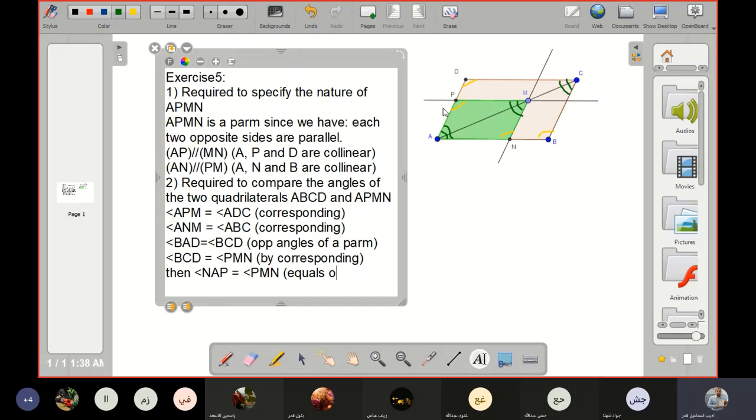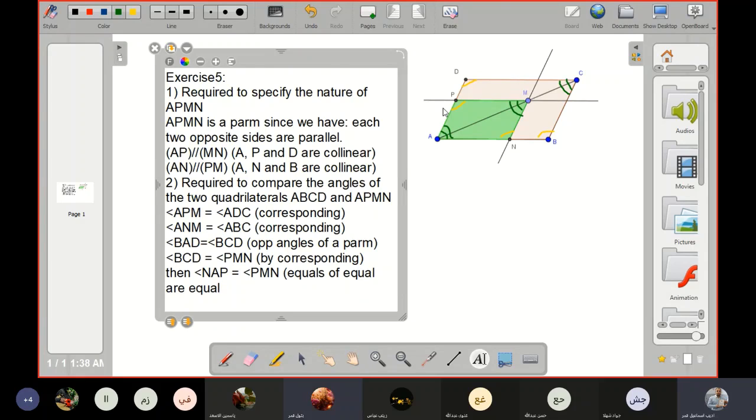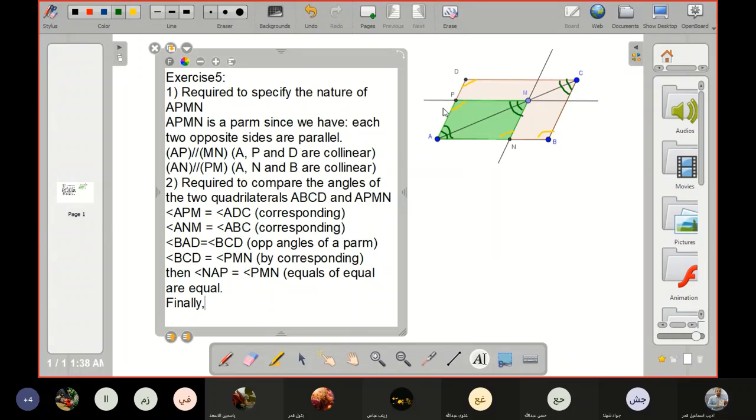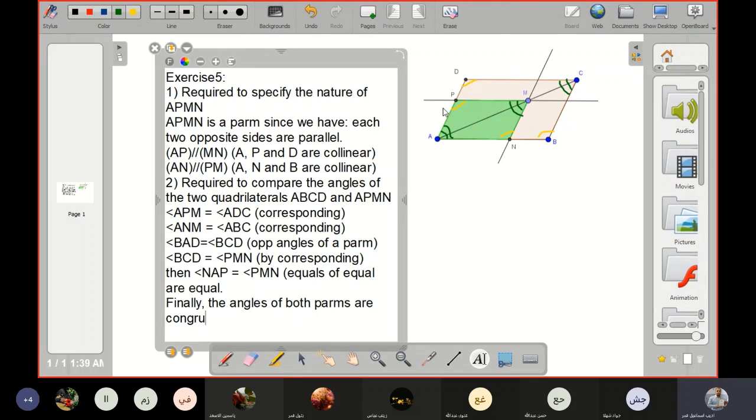Things equal to the same thing are equal. Therefore, finally, the angles of both figures are congruent. Congruent means equal.